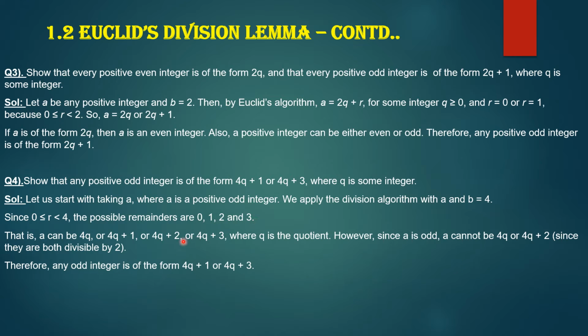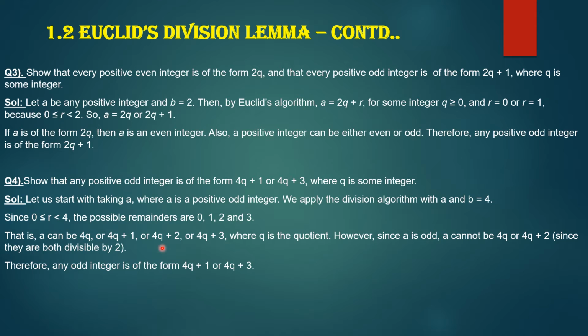Now, very simple. Let's start applying the value of r and check how the equation is becoming. a equal to bq plus r. Here r equal to 0, so it will become a equal to 4q. Here r equal to 1, a equal to 4q plus 1, r equal to 2, r equal to 3.